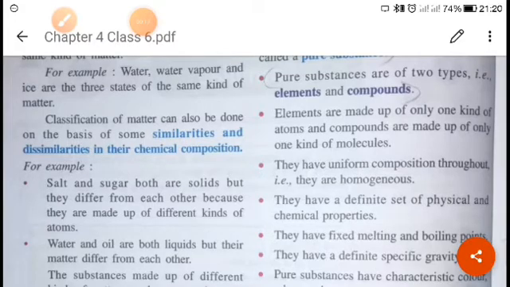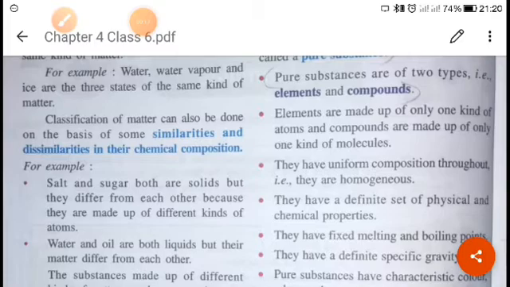Because suppose we are taking gold. I hope all of you have seen gold, right? If we look at the composition of gold, it is made up of only one kind of atom, which is the gold atom. If you break that gold, we will not get any other element, we will get only gold.